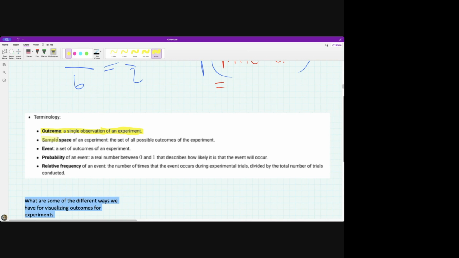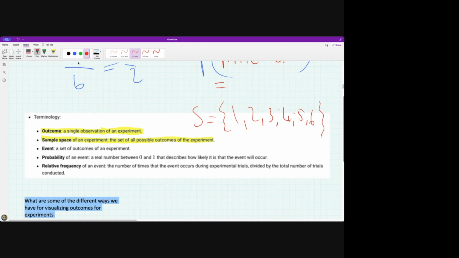A sample space is just the collection of all possible outcomes. So often when I look at the sample space, I use the letter S, and then I use the squiggly brackets, and then I list all the outcomes of the sample space. It's not the only way of doing it, but it's one of them.